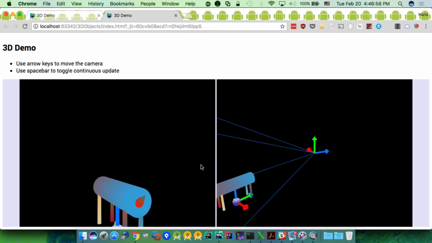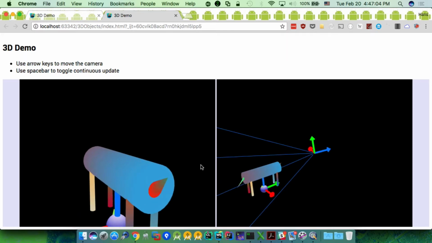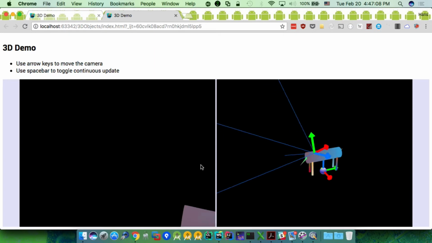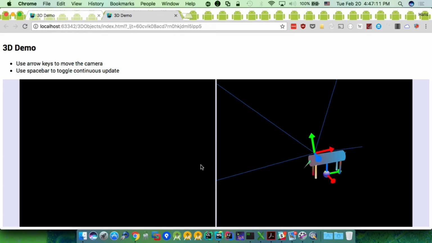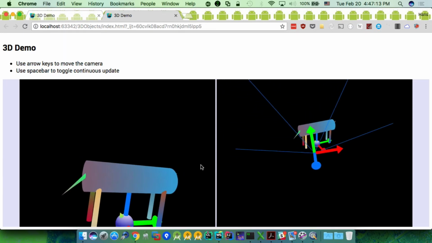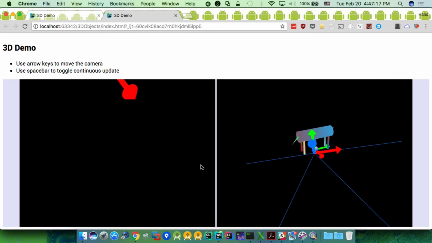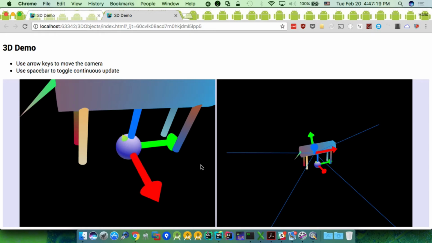Do we see a tiny ear? Yes, it's there. Yeah, we have the tiny ear.